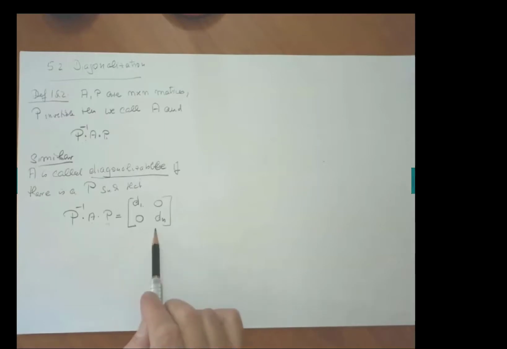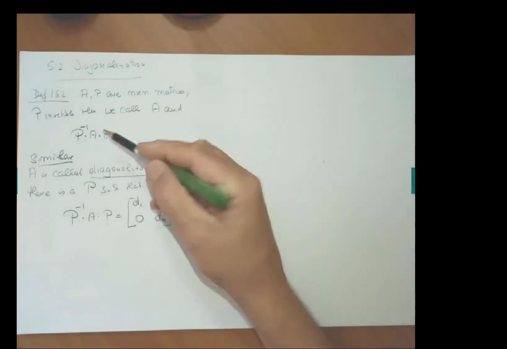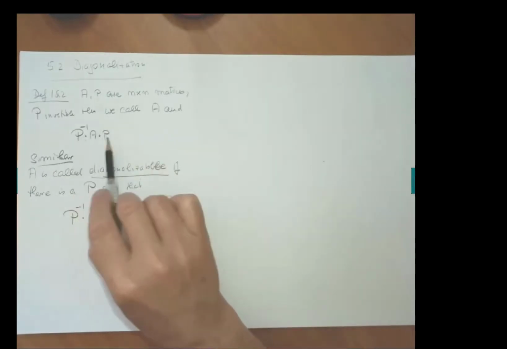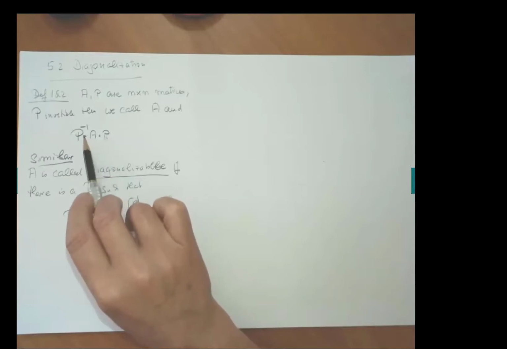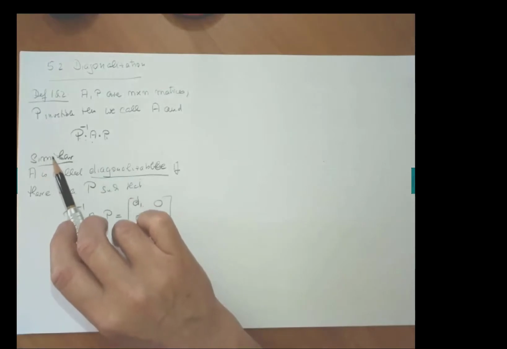So this is what this says, which also means these are actually the eigenvalues of A. The idea of this change of a matrix is you change the coordinates to the coordinates given by a new basis, which turn out to be the columns of P. Then you apply the matrix, and then you change your coordinates back.